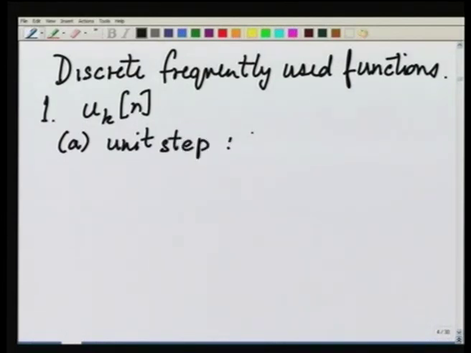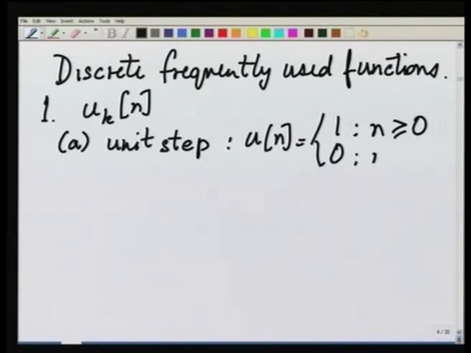It is defined as u of n equal to 1 for n greater than or equal to 0, and 0 for n less than 0. That is the unit step.